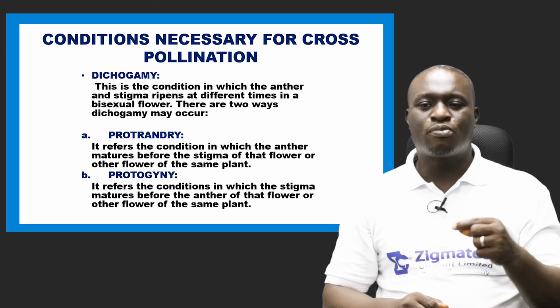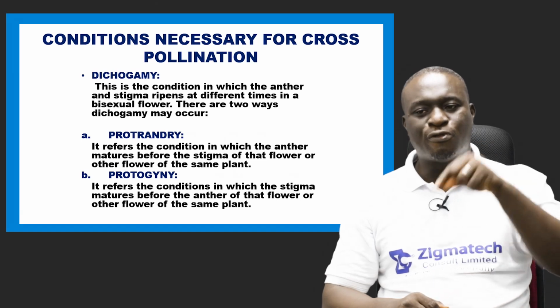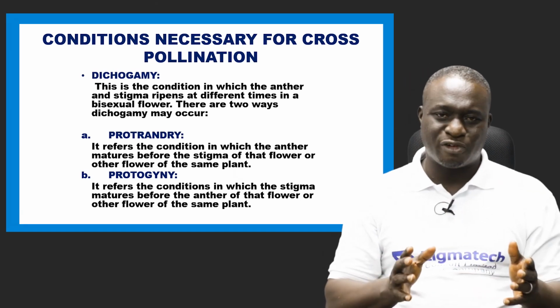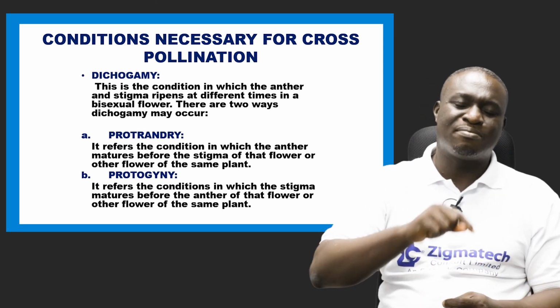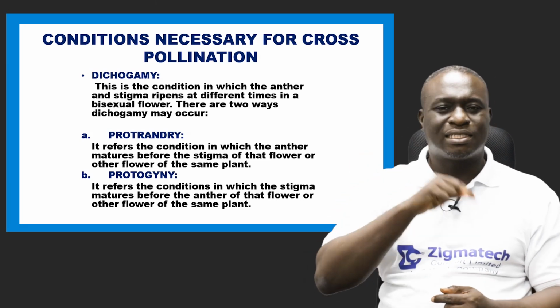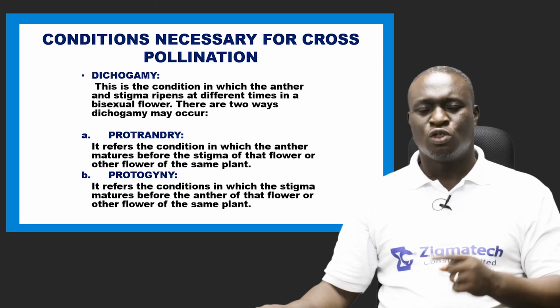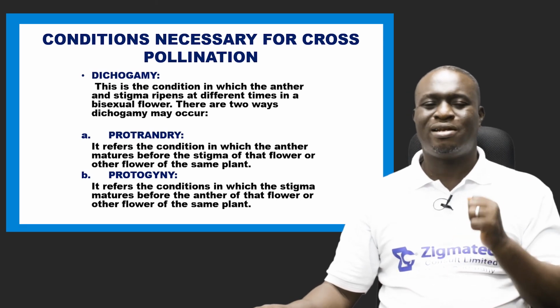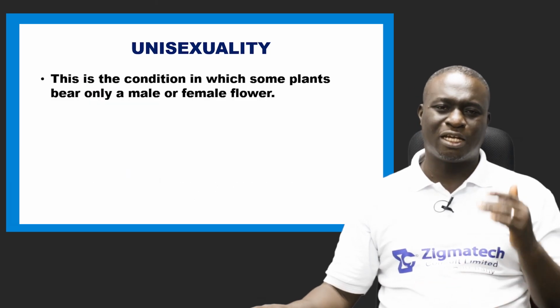In protogyny, it is the stigma that matures before the anther. I hope you get the difference. In protandry, it is the anther that matures before the stigma, but in protogyny, it is the stigma that matures before the anther. So that is one of the conditions necessary for cross-pollination to take place.